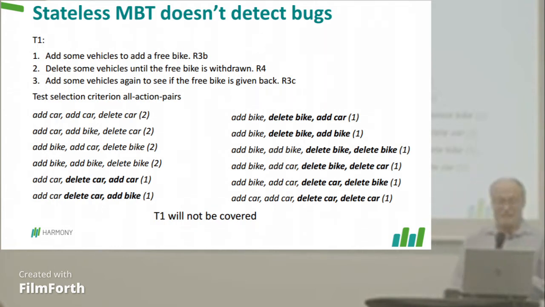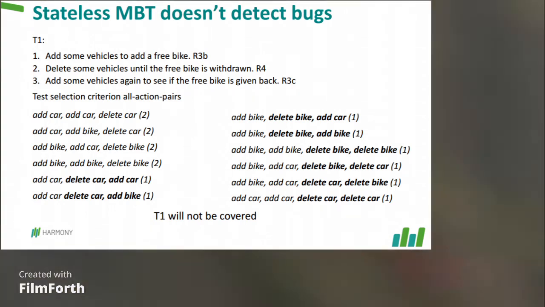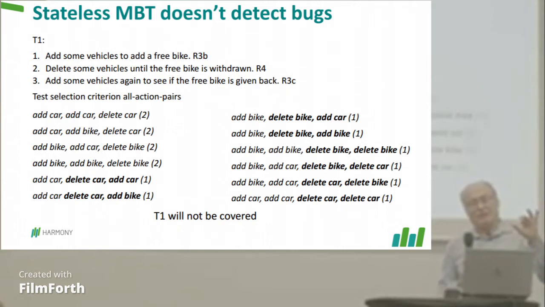This is L3C. Okay, and let's select a test selection criterion that is not so simple. This is all action pairs, which means that all adjacent transitions or edges should be covered. And to fulfill this criterion, we should have these 12 test cases.